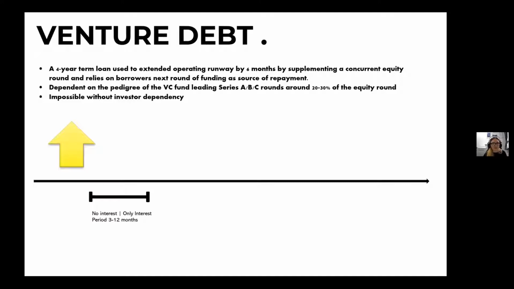So it's fairly large in size, and then it's very easy for you to manage this period of maybe no interest or only interest, where you could do things that are business critical to enable you to then go to the market.